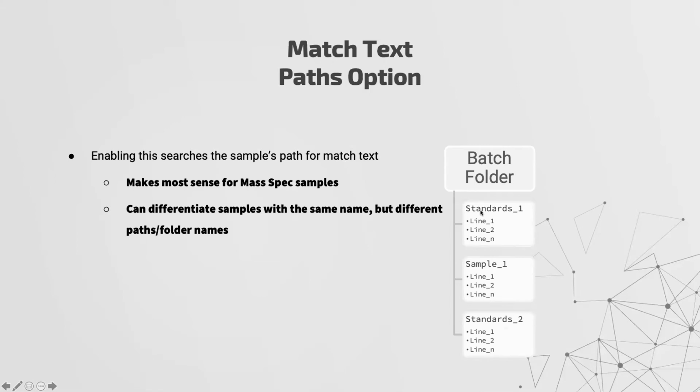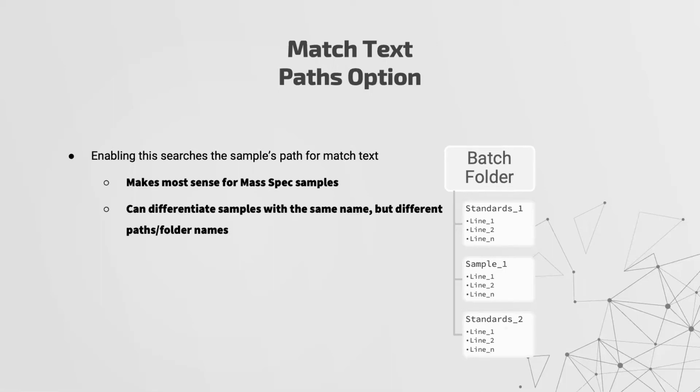So I can actually type in standards_1 to select my standards from this folder, and then I can type in sample_1 to select samples from here. So just so you know, that's an option as well. It does make the most sense for mass spec samples because laser log samples all come from the one file.